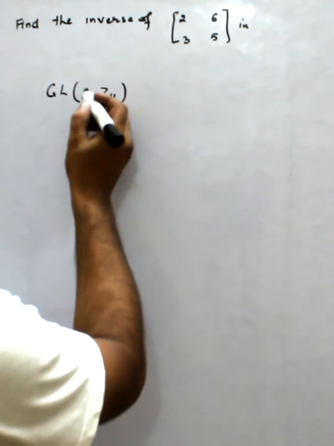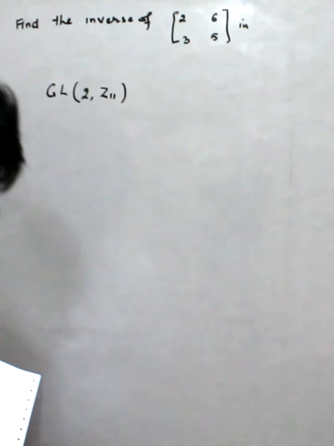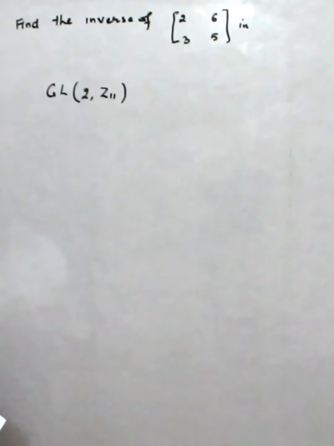That means GL2 is the general linear group of 2 by 2 order matrices, and the domain is Z11.